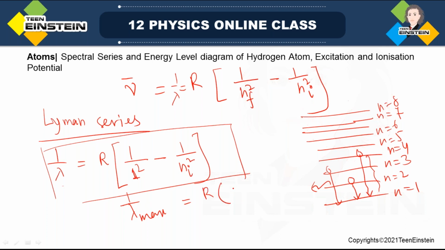So in the case of maximum wavelength, it will be 1 by 1 square minus 1 by 2 square. So you get R into 1 minus 1 by 4, that is 3 by 4 into R. This is the maximum wavelength. Then what will be the minimum wavelength?